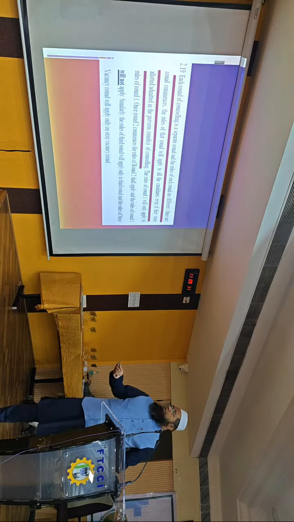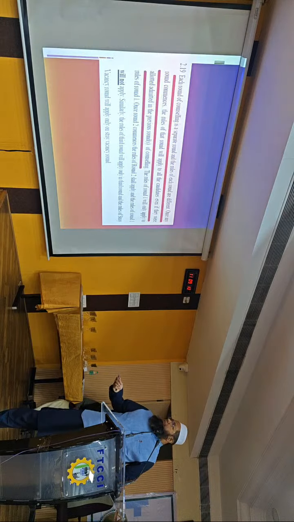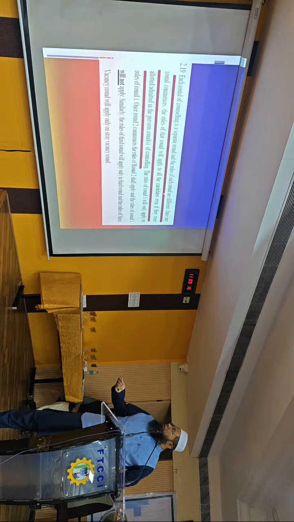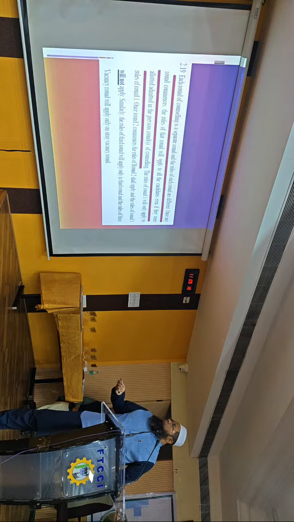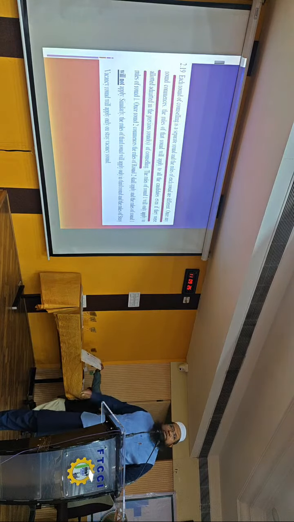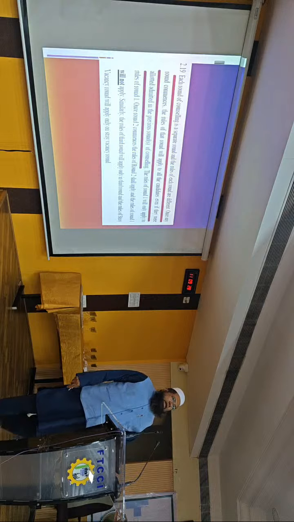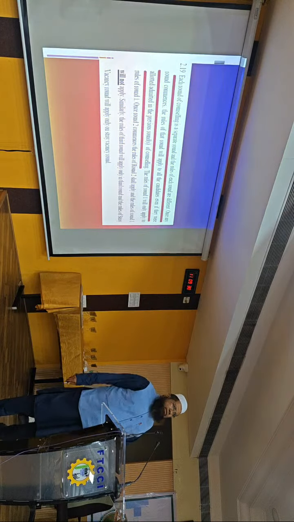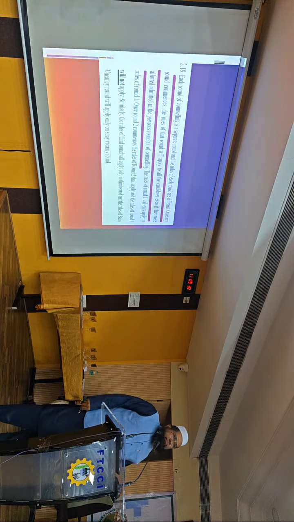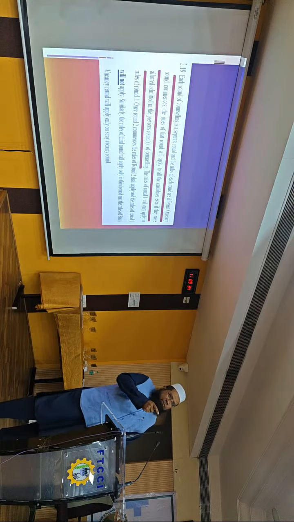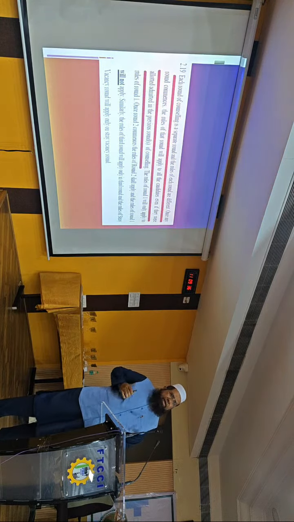This is also very important. Each round of counseling is a separate round and the rules of each round are different. Once any round commences, the rules of that round will apply to all the candidates even if they were allotted or admitted in the previous rounds. For example, you got a seat in round 1 of All India counseling and you are not upgraded and you came to the second round.